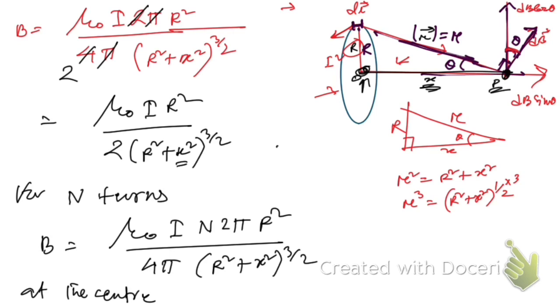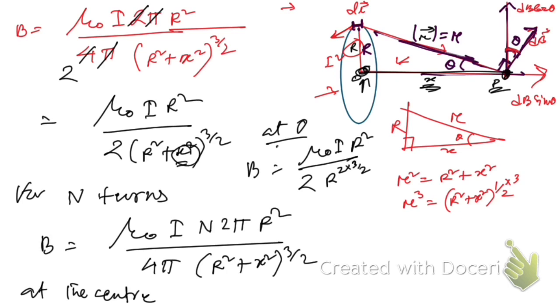Then at the center O, this expression will be equal to mu naught I capital R square by 2 R square to the power 3 by 2 if you put x equal to 0, right? So 2 cancels, and here we end up getting R cube, so R square cancels R cube to give R only. And for N number of turns, again you need to multiply N here. Hope you have understood this.